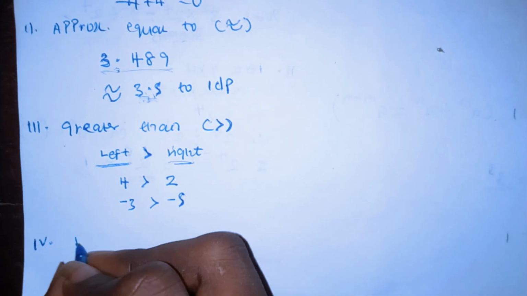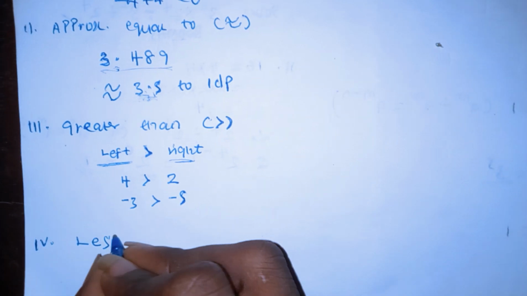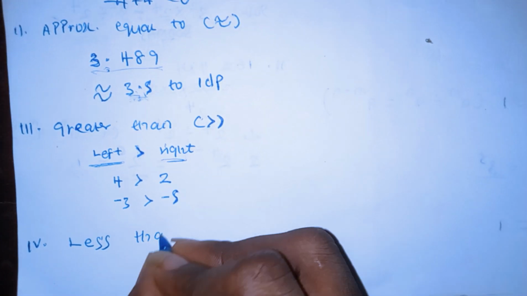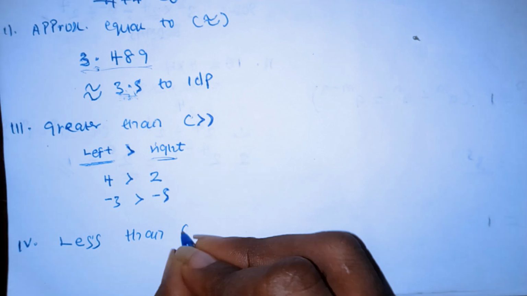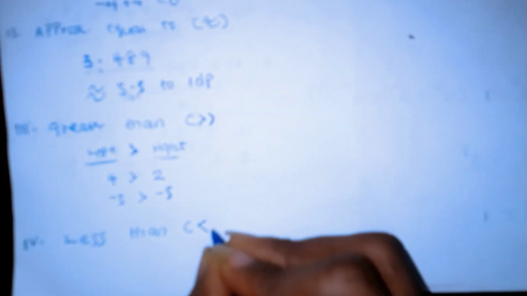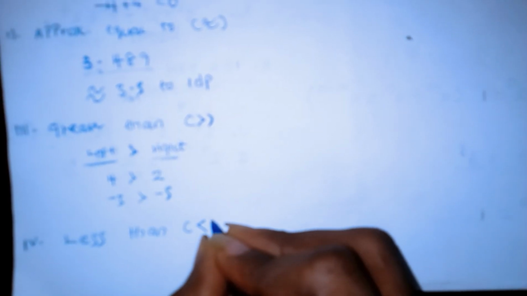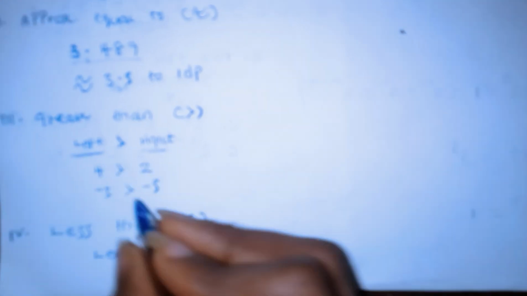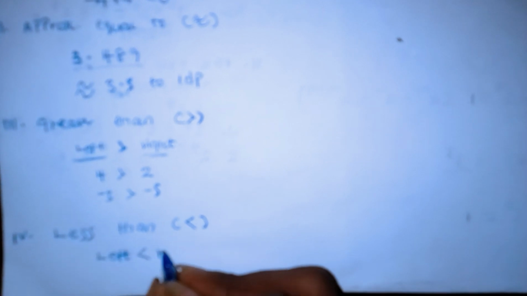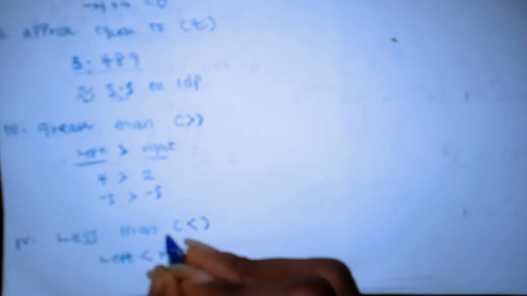Number 4 is less than, which has this sign. Using left and right again, you can put this sign or you can put this sign. What this means is that this is less than this and this is greater than this.